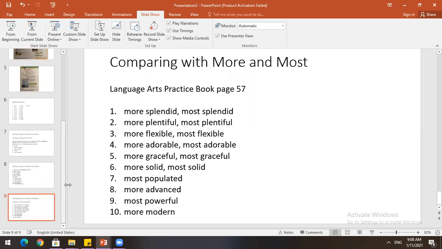But there are some 2 syllables, like here, for example, graceful. The bigger words, we use more or most. So it's by syllables. And remember, Aisha, we can't put both, right? So we can never say more splendider, right?